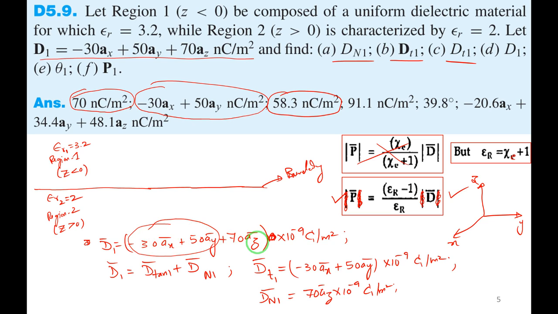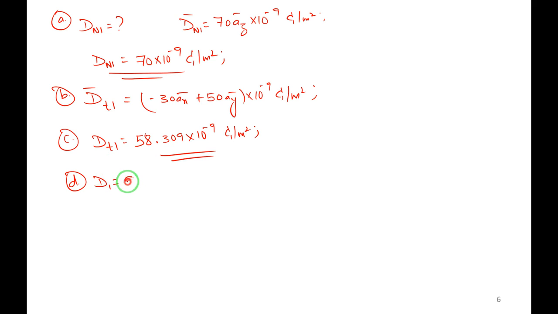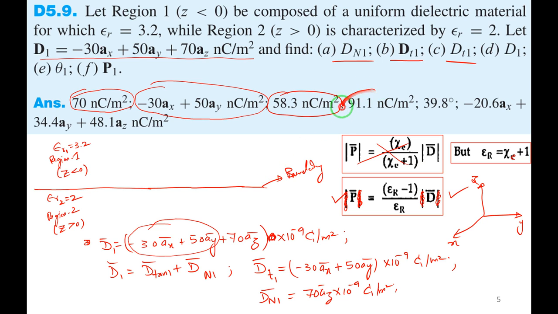After calculating, I am getting 91.104 into 10 power minus 9 coulomb per meter square. So d1, check it, is 91.104 nano coulomb per meter square. So this is over. Next, theta 1.